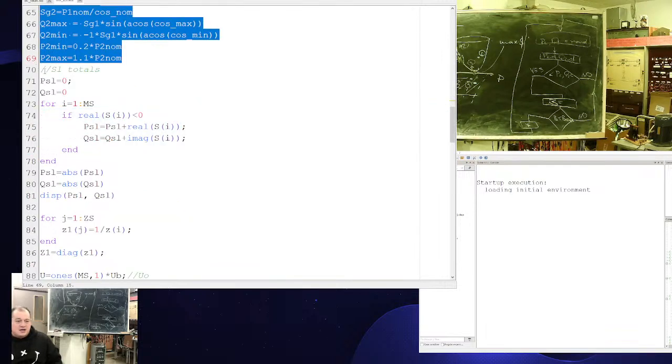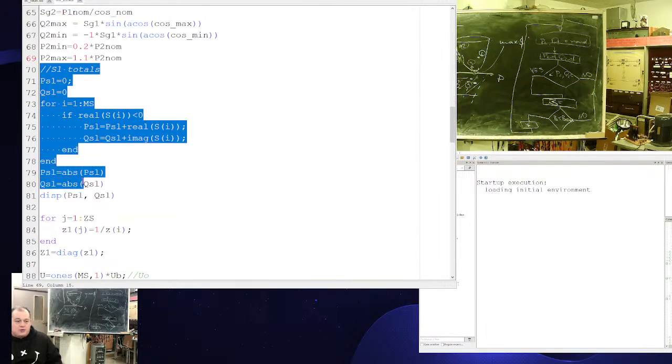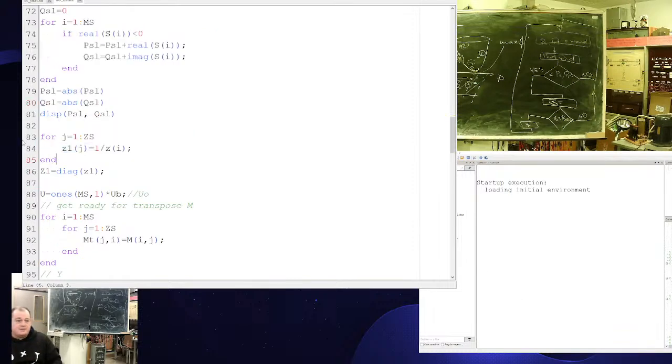Okay, next. These are totals for load. Since I have a vector, I need to know the gross sum of active and reactive load. Conductivity matrix of lines.